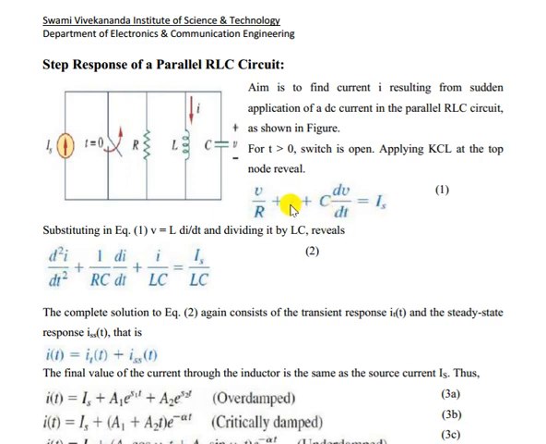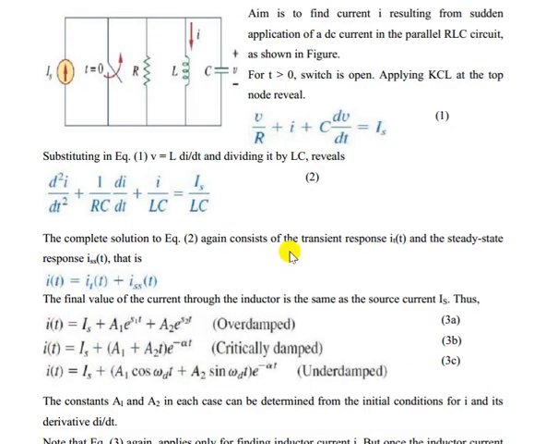Now here with V equal to L di by dt, we have L di by dt divided by LC, so L cancels out, and we have 1 by RC di by dt plus I by LC, and here Is by LC. So this is the differential equation that we got. Again you can see it is a second order differential equation.